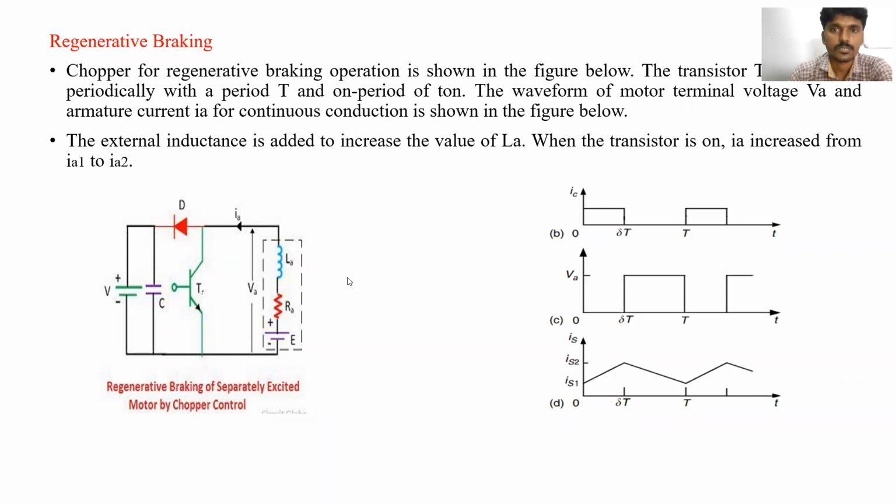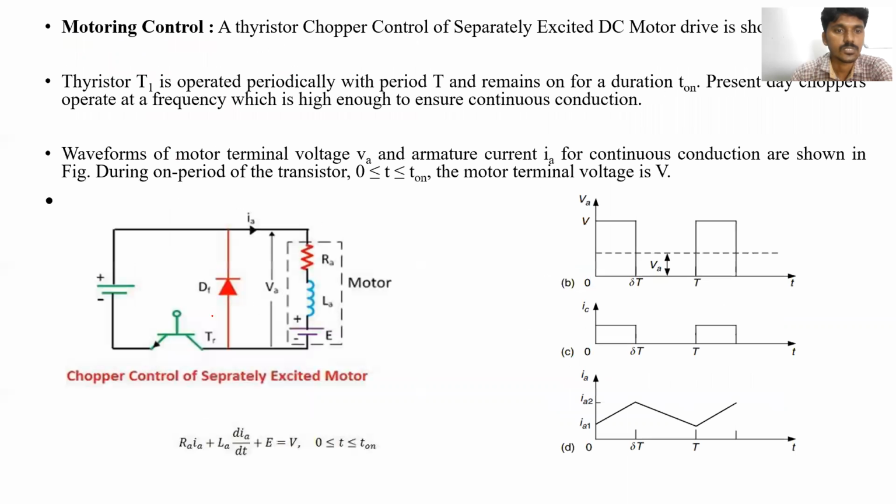In type B chopper, the switch is connected across the circuit. But in the case of type A chopper, the switch is connected in series with the circuit.